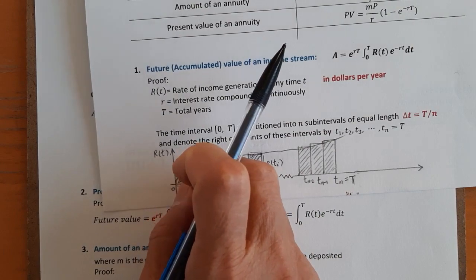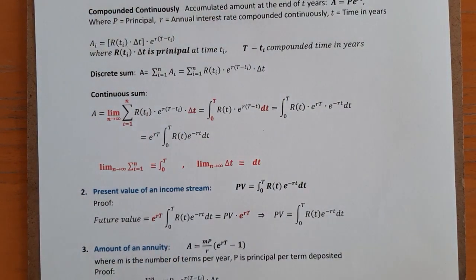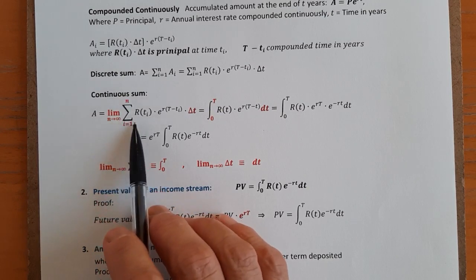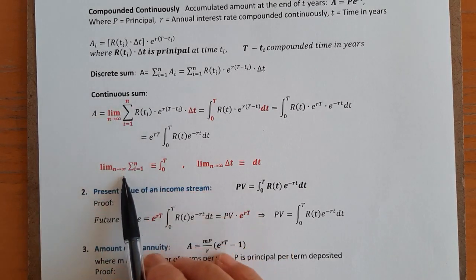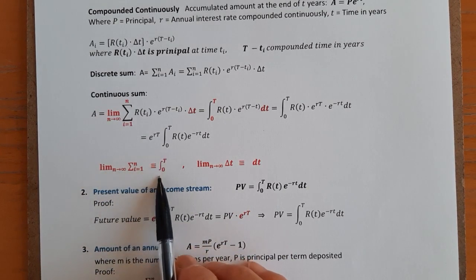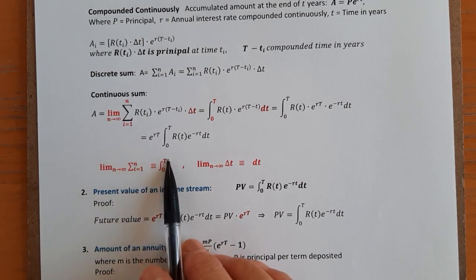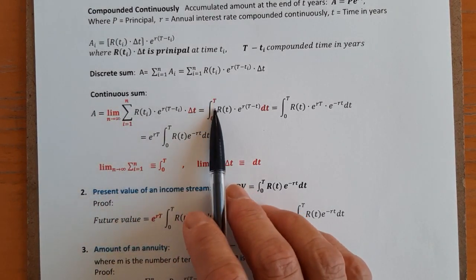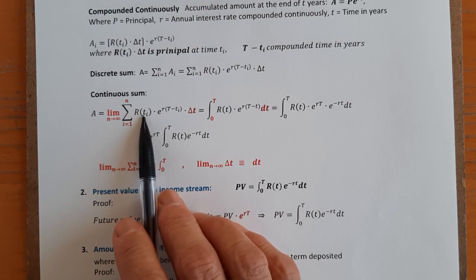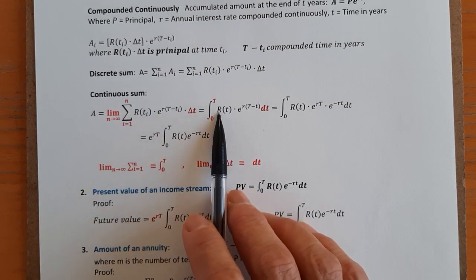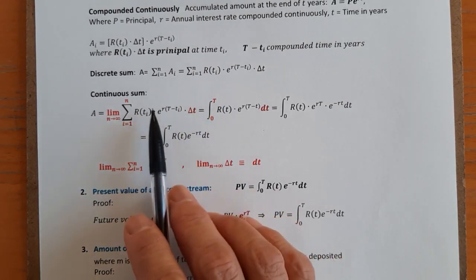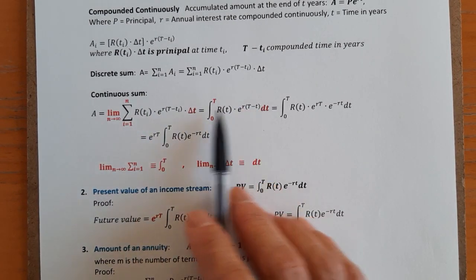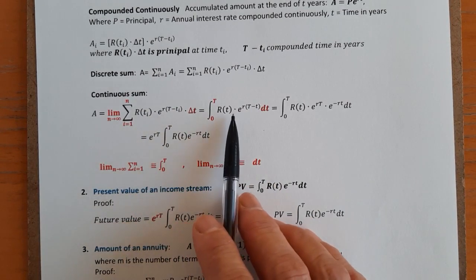So when n goes to infinity, the summation from i equals 1 to n becomes the integral from 0 to capital T. R of ti becomes R of t, e to the power r times capital T minus t, with ti replaced by t.